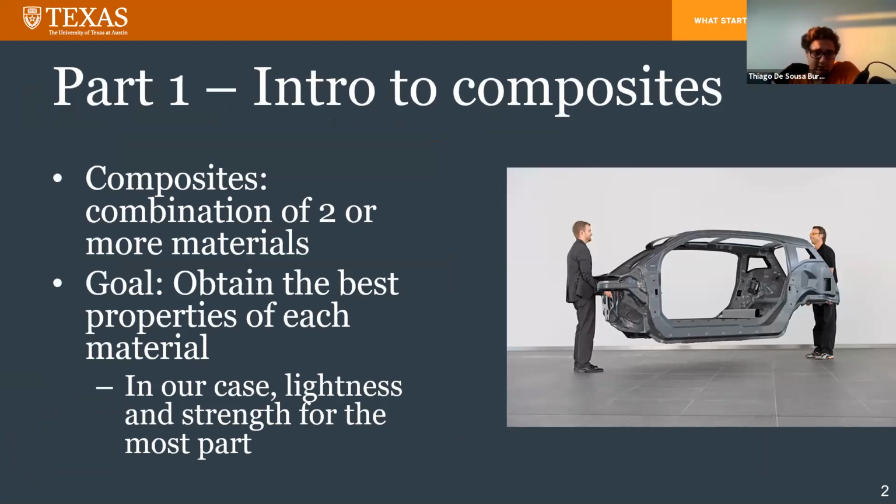So composites, as the name implies, and some of you might have taken materials at this point, are a combination of two or more materials. Usually the goal is to obtain the best properties of each of them.